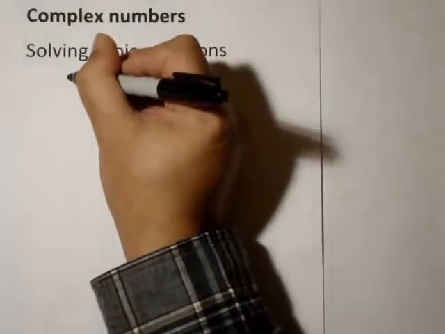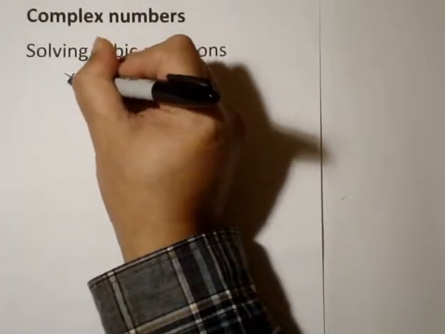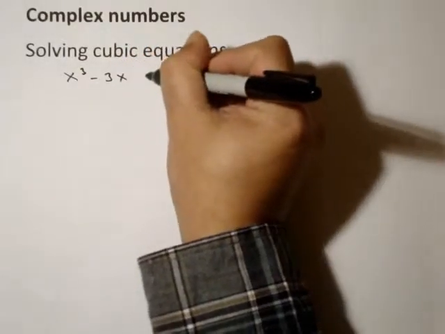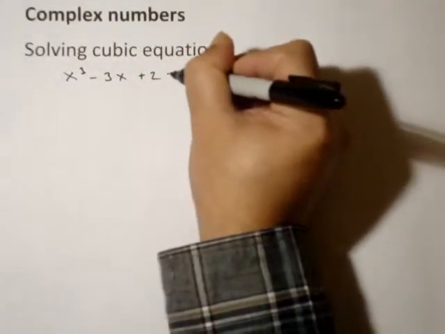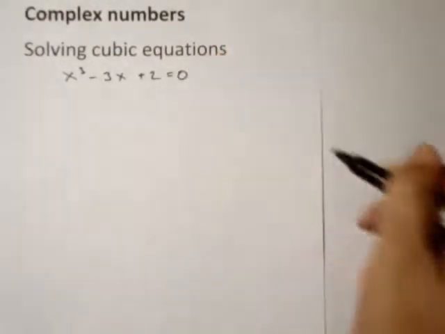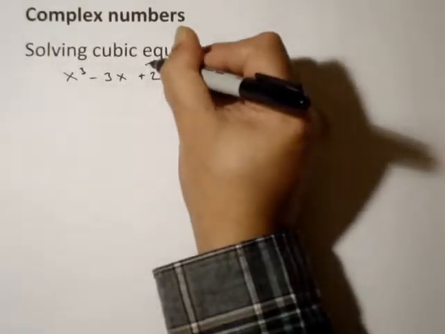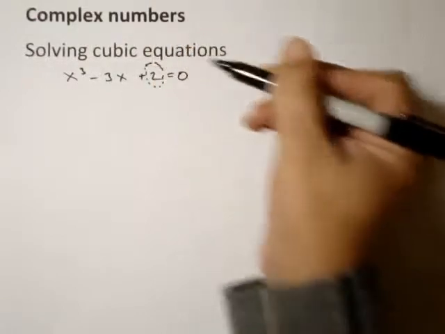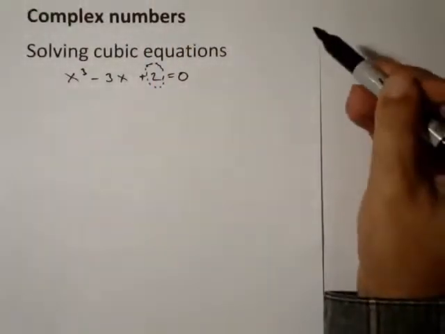Just a quick revision. So we have x cubed minus 3x plus 2 equals 0. Now we look at where we have this 2, which is usually the c in the equation.